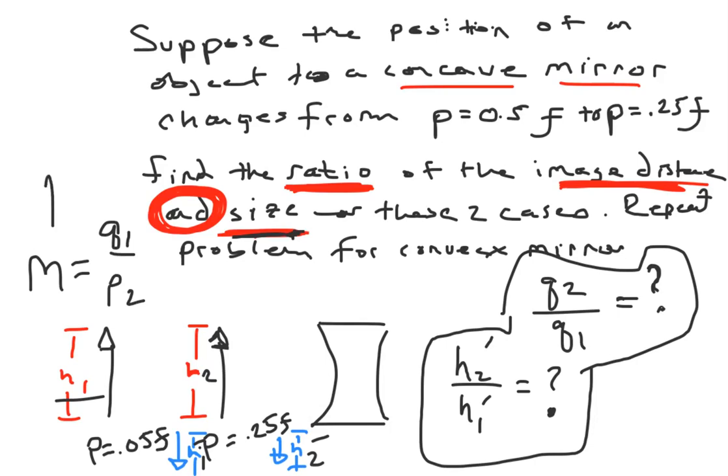Do you know M? Yeah, it's the same thing. You can't just say it's the same. What do you mean it's the same? You said that before. What does that mean? I don't even know what that means.